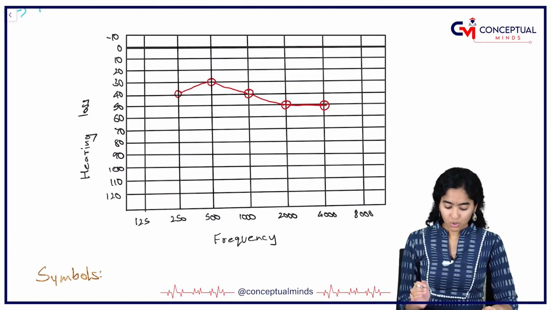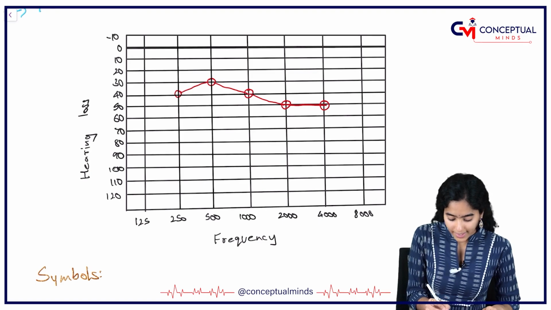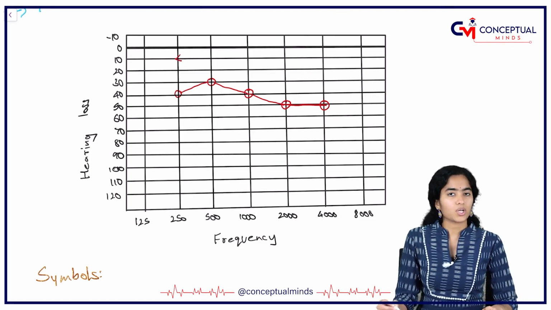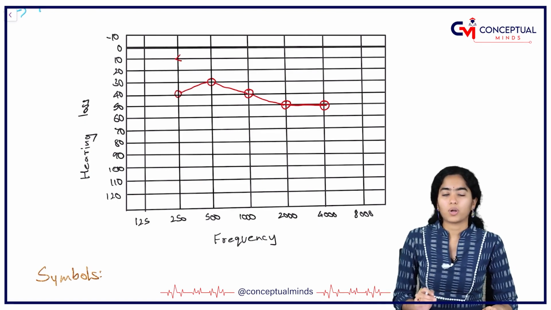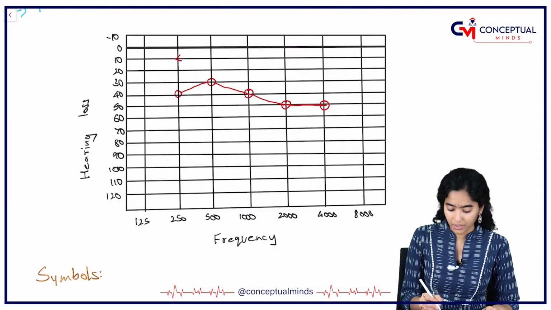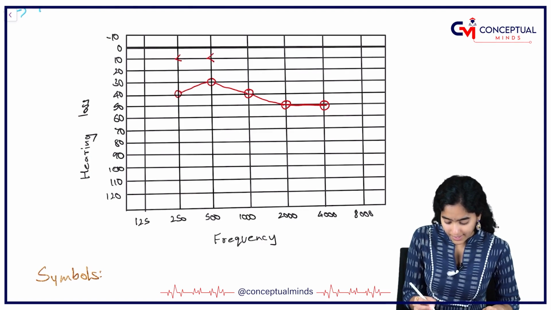Say the patient at 250 Hz is having a hearing loss of 10 decibels. Bone conduction is also plotted with red color because it is the right ear only. It is plotted with this triangular type of open bracket. Here masking is not being done. At 500 Hz also he is having only 10 decibels loss.